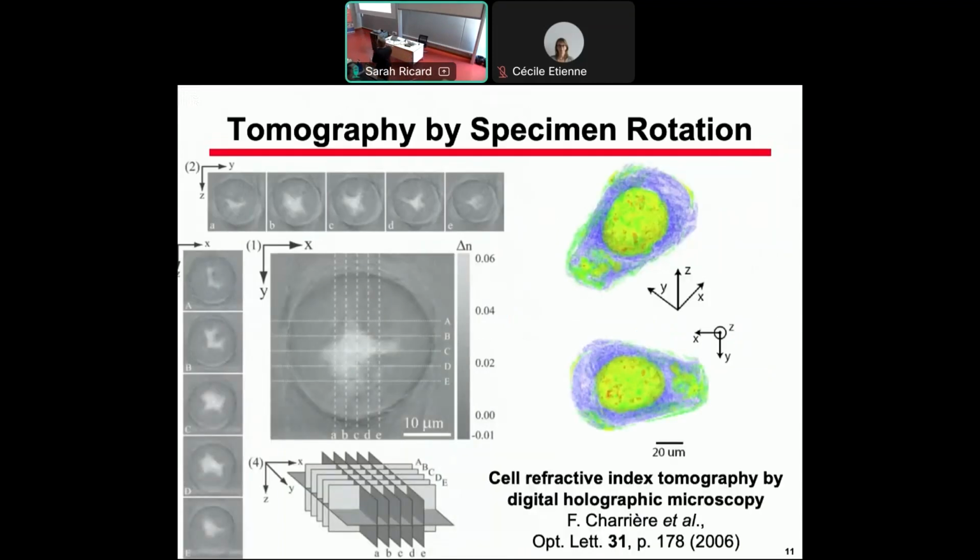Okay, so now tomography: same trick as previously, except that instead of starting from intensity images, you start from phase images, and by back projection, you can reconstruct the refractive index in the volume. Same trick, and it was embedded in the microscope. You can see a 3D cell and its interior.